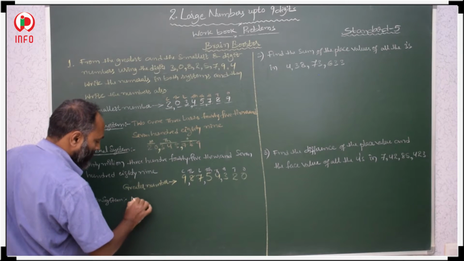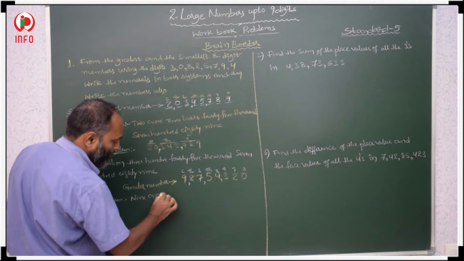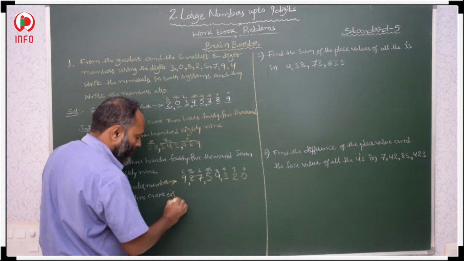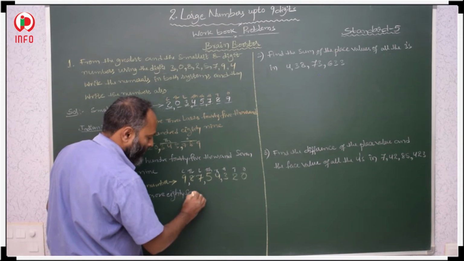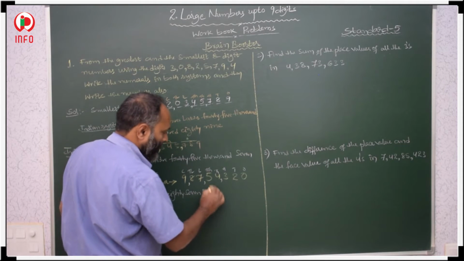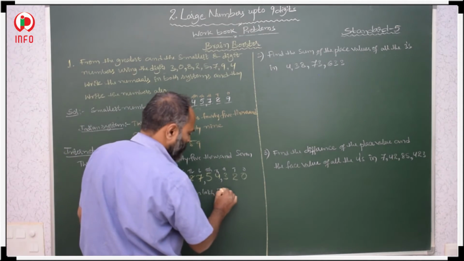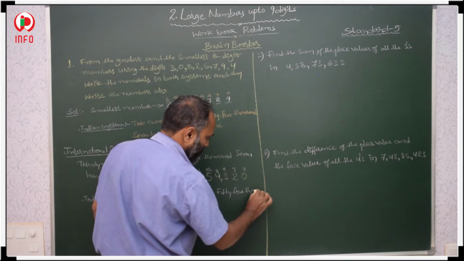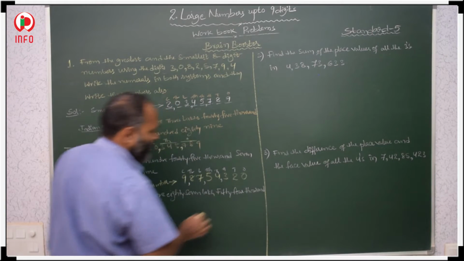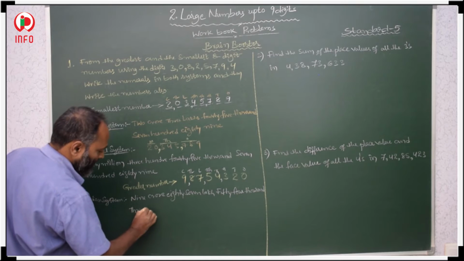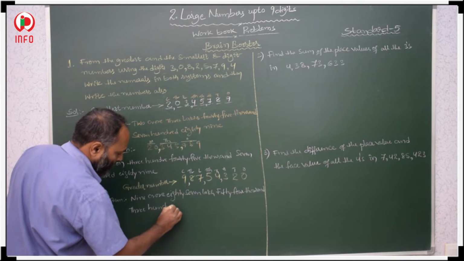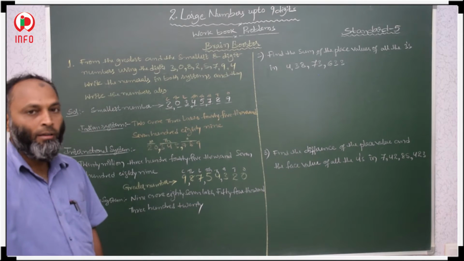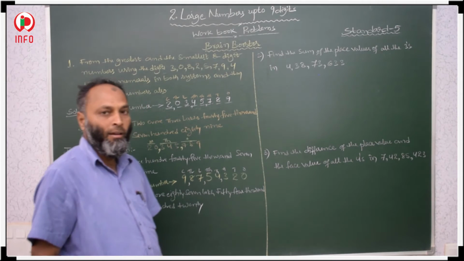Nine crore, 87 lakhs, 54,320. In this way we write this greater number in the Indian system.